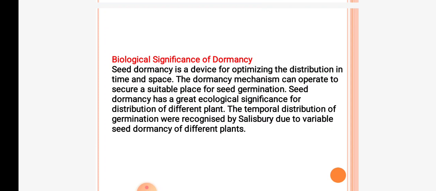Seed dormancy has a great ecological significance for distribution of different plants. The temporal distribution of germination was recognized by Salisbury due to variable seed dormancy of different plants.